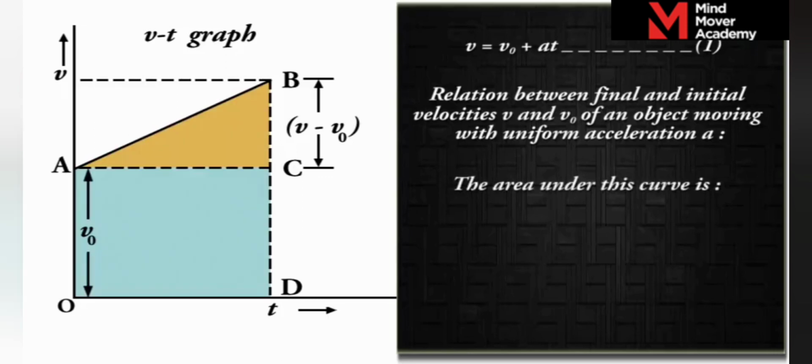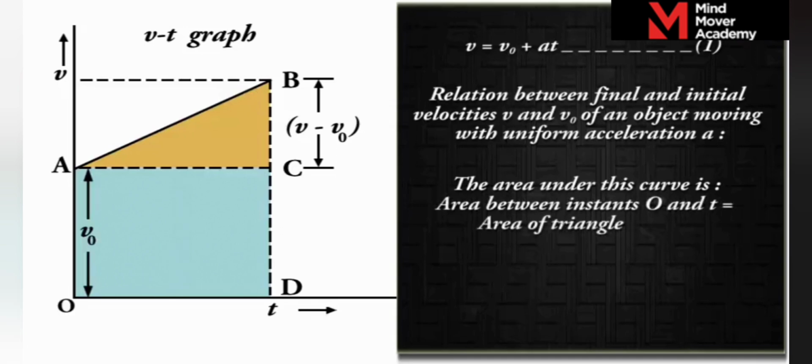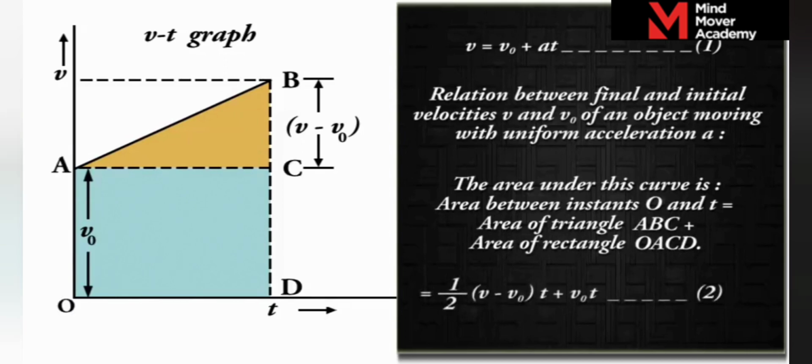The area under this curve, the area between instants O and T, is equal to the area of triangle ABC plus the area of rectangle OACD, which is equal to 1/2 (v − v₀)t + v₀t.